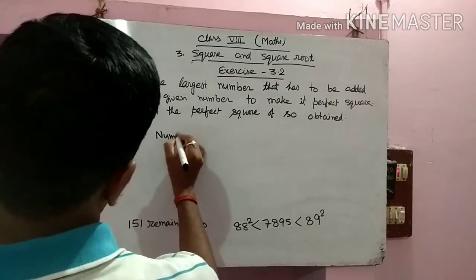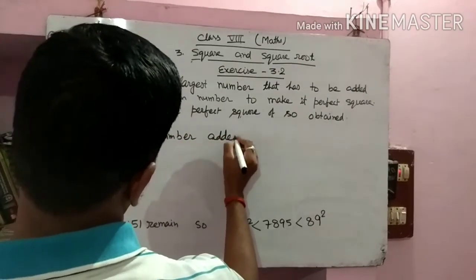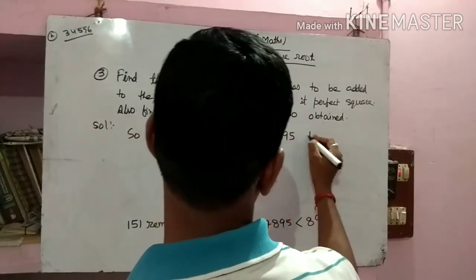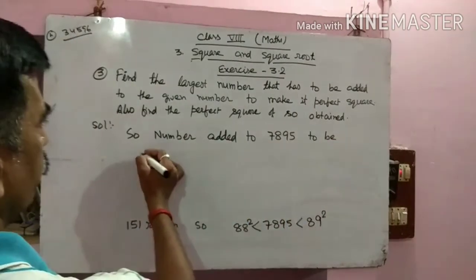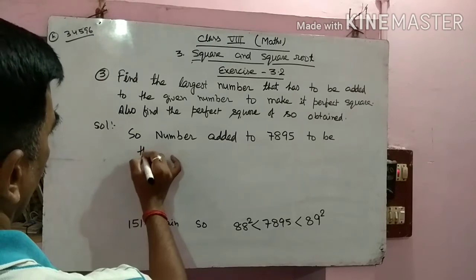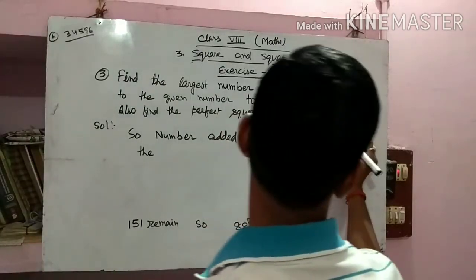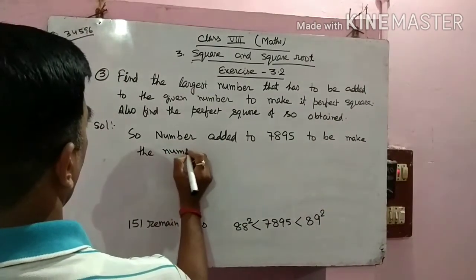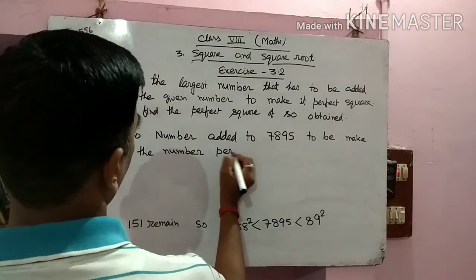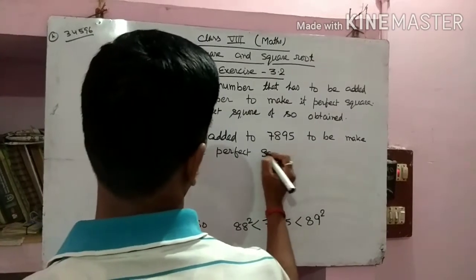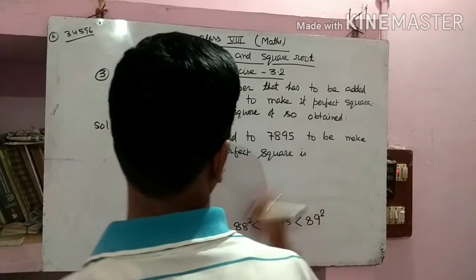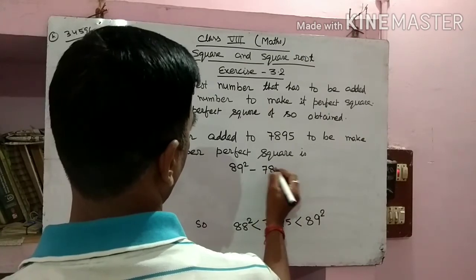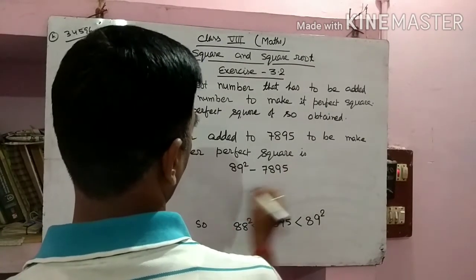So the number to be added to 7895 to make the number a perfect square is 89 squared minus 7895.